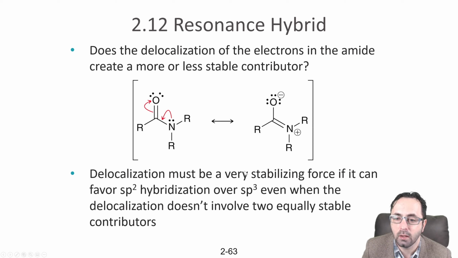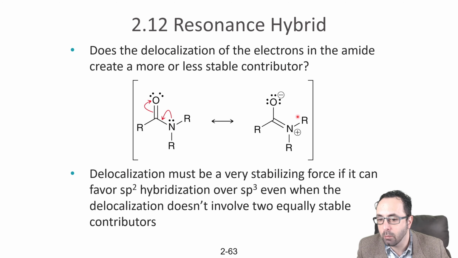So here we have another example similar to ones we looked at before of resonance structures. Does a delocalization of the electrons in the imide create a more or less stable contributor? The one on the right is less stable because of the formal charge.